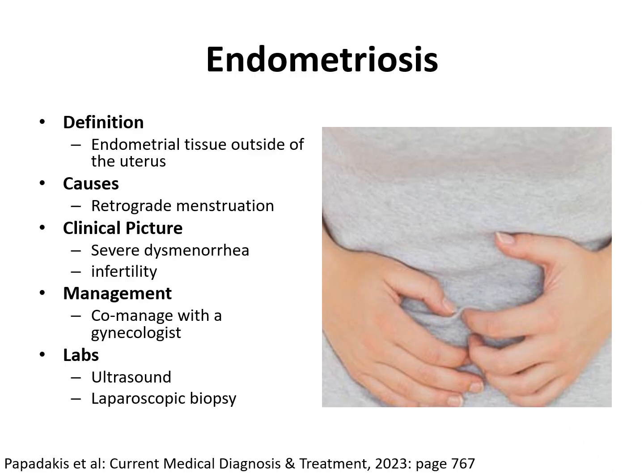The next cause of abdominal pain in a female with a menstrual problem, and the menstrual problem here is dysmenorrhea, is endometriosis. Endometriosis is a condition in which endometrial tissue is found outside of the uterine cavity. It may be found on the ovary, not in the ovary.